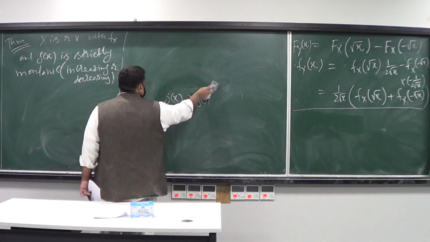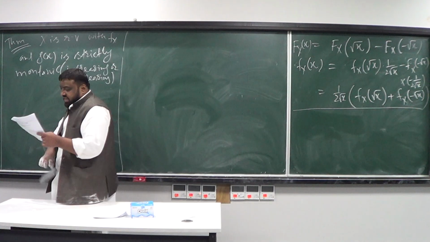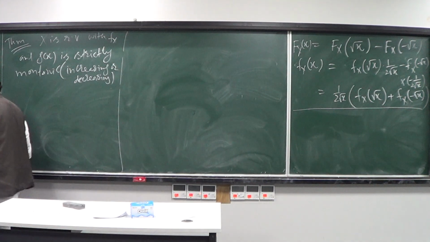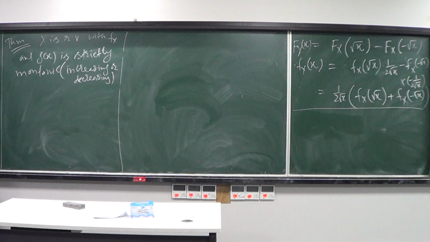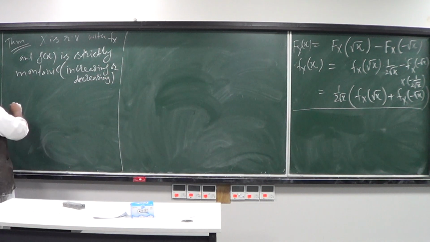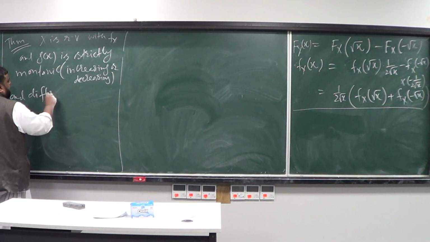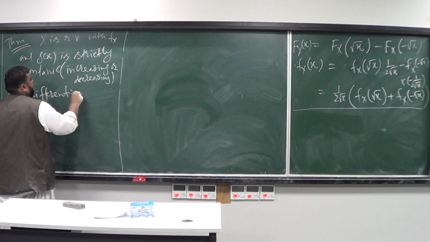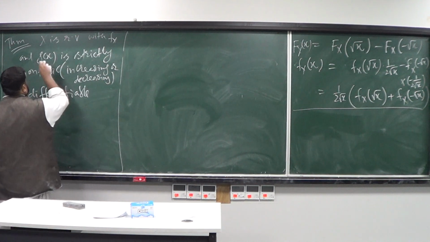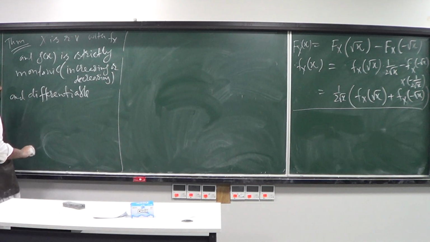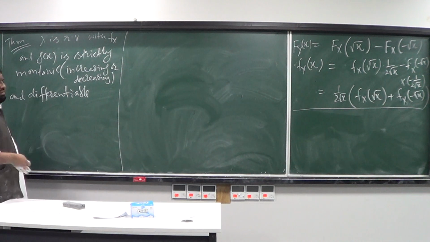So I hope that you remember these definitions. And once you have a strictly monotonic and differentiable function, it is also continuous, because if something is differentiable, it is also continuous.